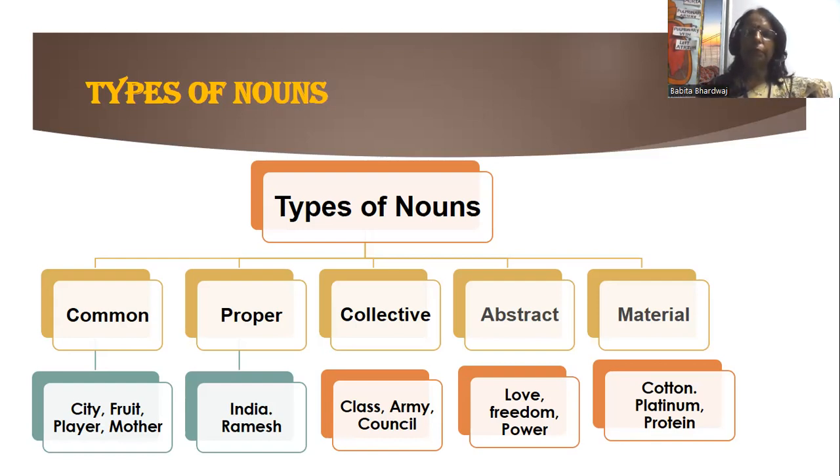These are some of the examples of material noun. Why am I telling you these examples? Because after going through these examples, you will be able to identify the word in the given sentence, and based on the salient feature of that particular word, it will be easier for you to find out the error.